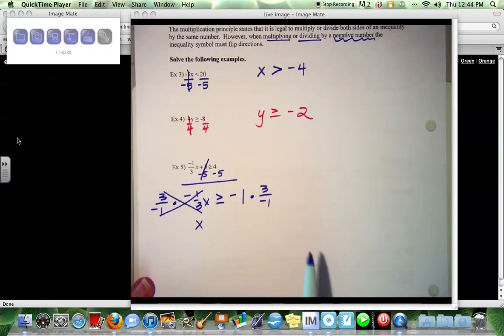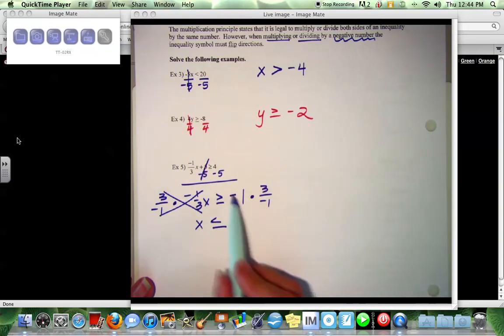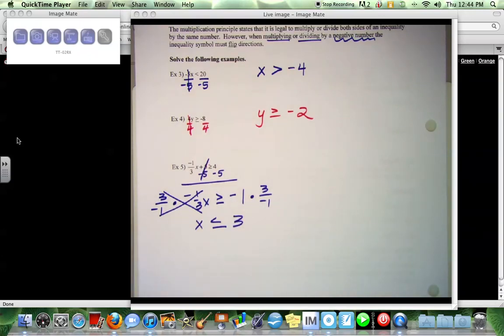And now we flip the sign because we've multiplied by a negative number. x is less than or equal to -1 times 3 divided by -1, which is? 3. We have two negatives here, so that makes it positive. That was easy. So, this is very similar to what you've been working with, except you have different signs.